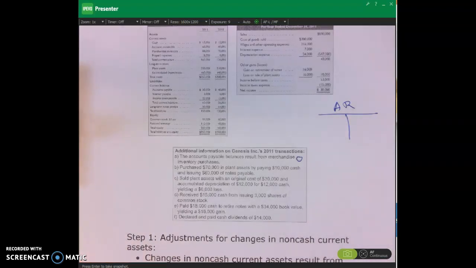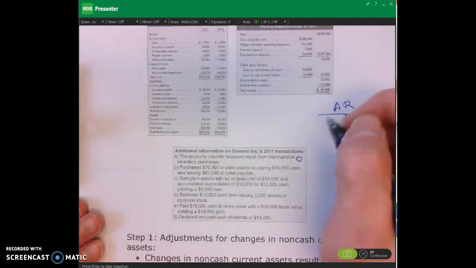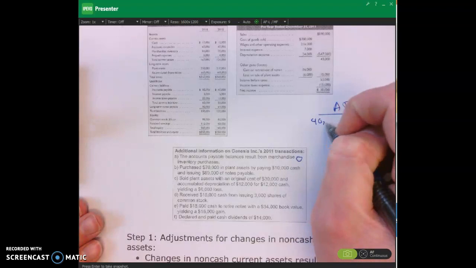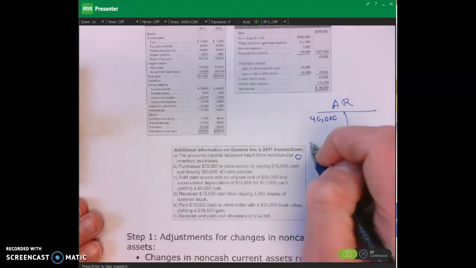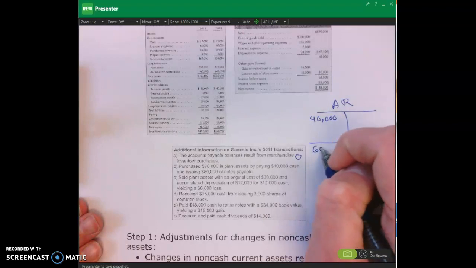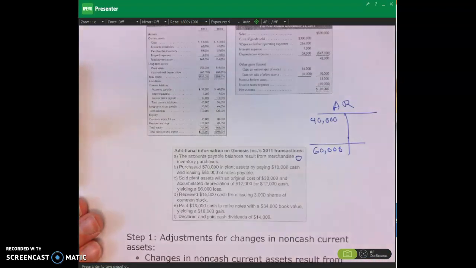Let me catch up here for a second. What I want you to do is go ahead, well, I'll do it with you. We have our beginning accounts receivable, 40,000. Put that on the debit side. And we have our ending accounts receivable, 60,000, right over there.